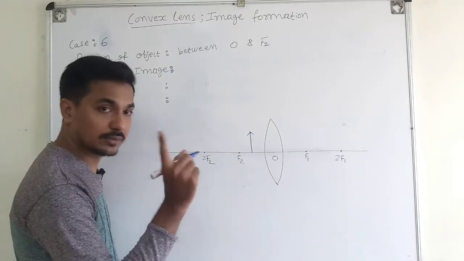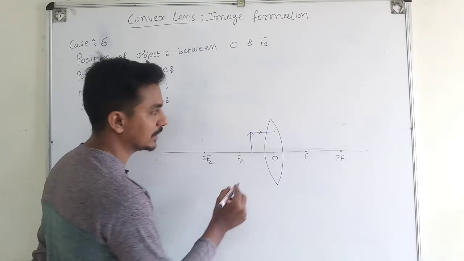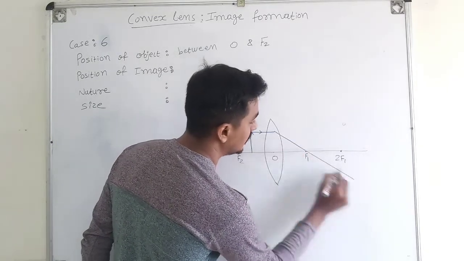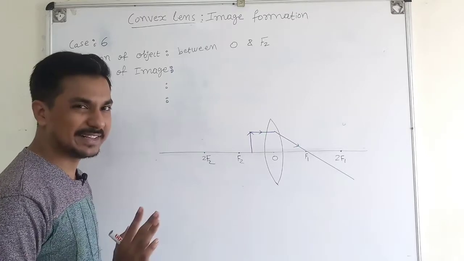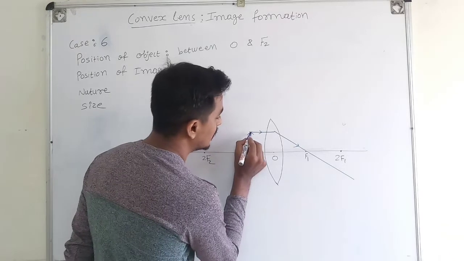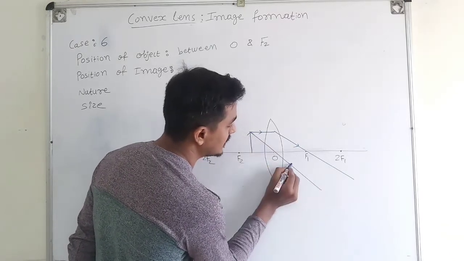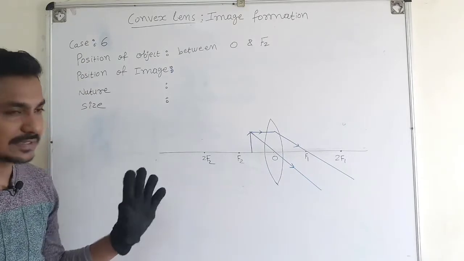Now rule number 1: a parallel ray after refraction will pass through the focus, right? And instead we use rule number 3, then it is fine. So here rule number 3: the rays passing through the optical center will pass undeviated.